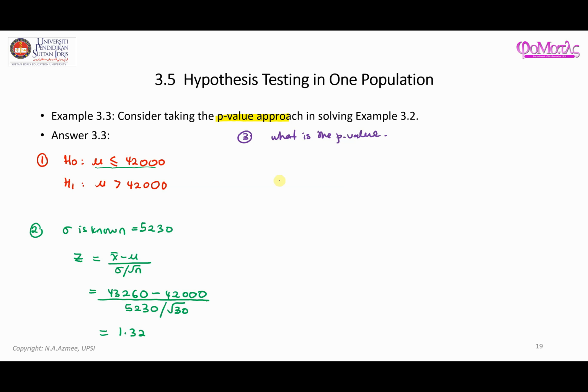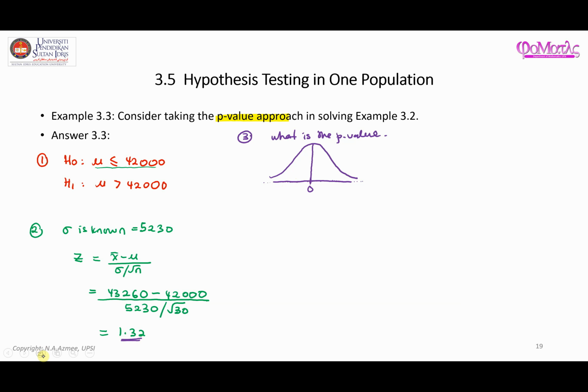For example, if I sketch this simple diagram of a standard normal distribution, the middle point is going to be 0. The values to the right are positive values, and the values to the left are all negative values. So where is the position of 1.32?